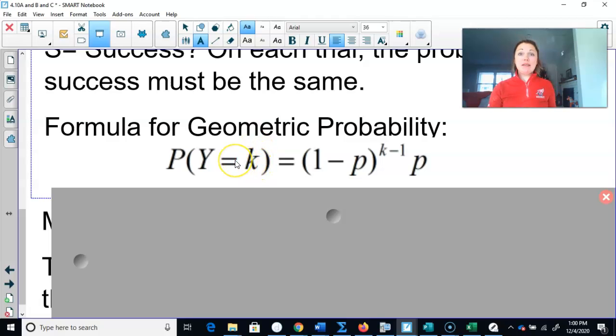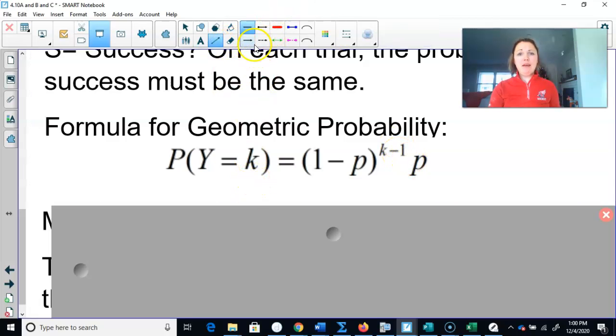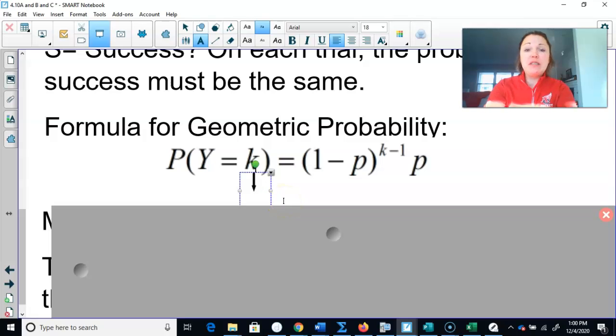So that means Shaquille O'Neal, he's going to make his basket on the 5th time. That's what that K means. That's what we're looking for. 1 minus P, where P is equal to our probability of success, to the K minus 1 power times P. So let's write this down though. This K right here, this is the trial where we have our first success.